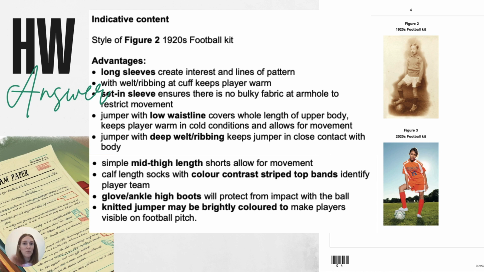So, when we look at the two and the main differences, it could be the length of the sleeves, it could be the cut of the top, the fact that it's got the ribbing around the cuffs and around the waistline, and then length of the socks, height of the football boots, football shoes, trainers, whatever, and then also the colours.